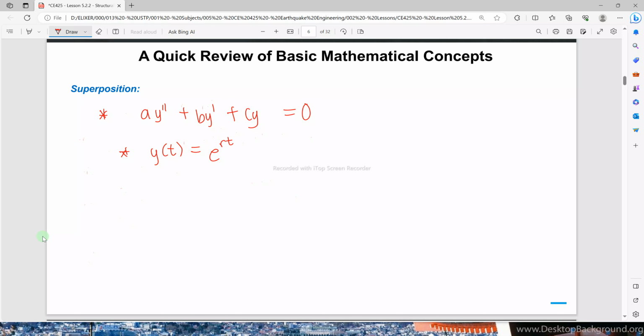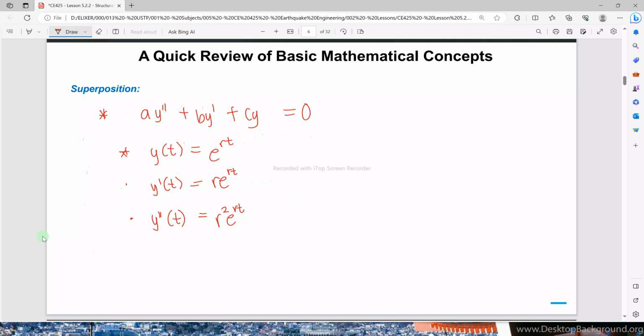Let's say our constant here, instead of k, we have r. If we take its first derivative, we will have y prime of t is equal to r e to the rt, and its second derivative will become r squared e to the rt.